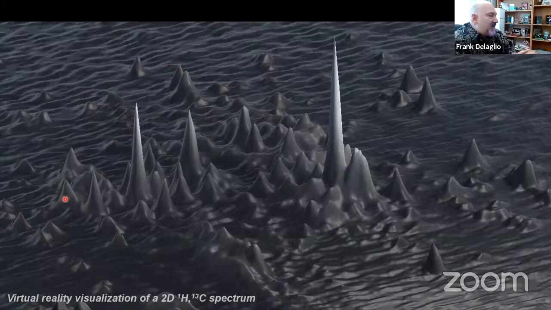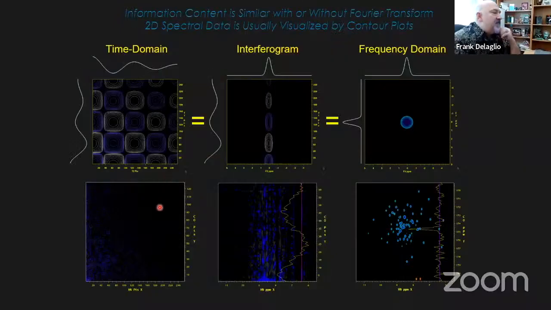But for practical analysis, this is not a very handy way to visualize spectra, because we want to do things like identify specific locations of peaks and make decisions about whether two peaks are lined up in one dimension or another. So in practice, we display two-dimensional spectra as contour plots, like the ones that we see here.